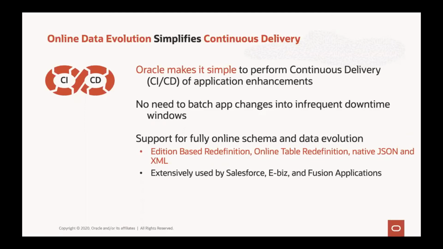And this is very important because you can deploy easily and deliver new components for the application or updates for your application faster than before, using continuous integration and continuous delivery, without any downtime.